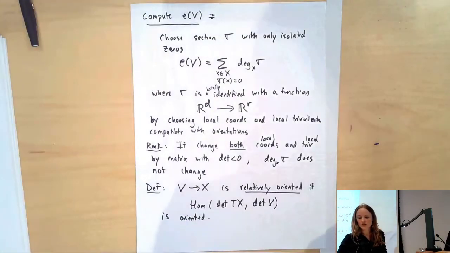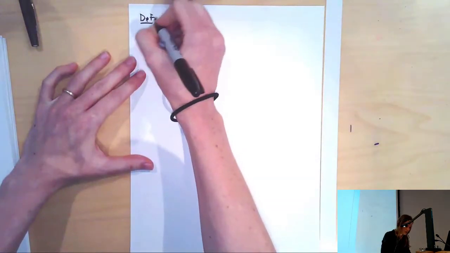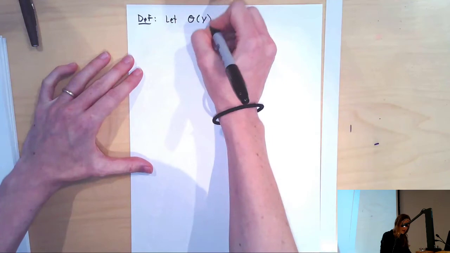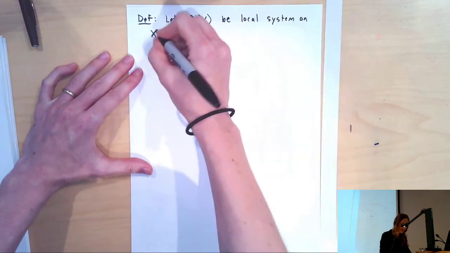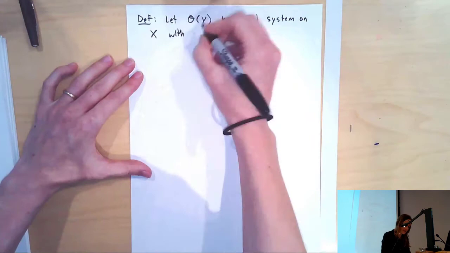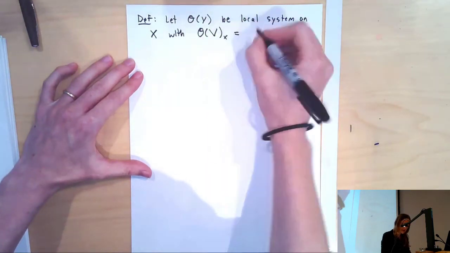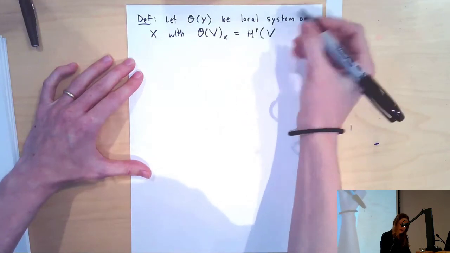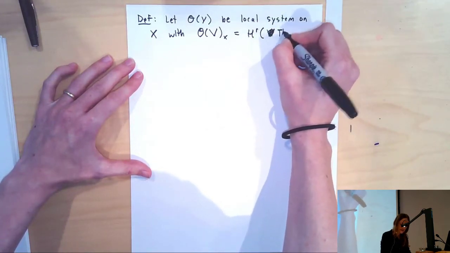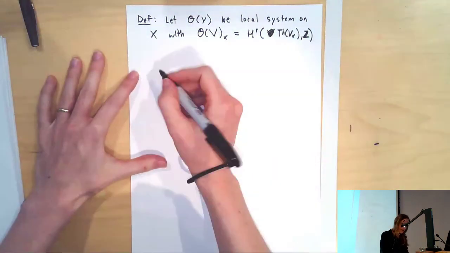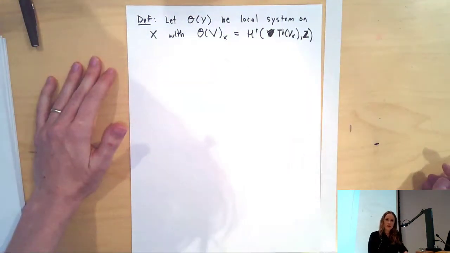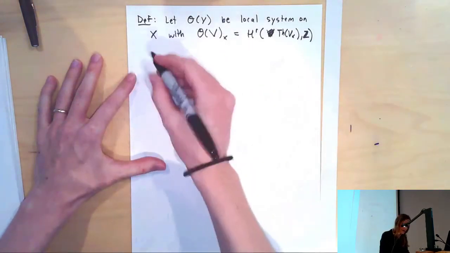So V has an orientation sheaf. Let O of V be the local system on X with fiber at a point x equal to the cohomology of the Thom space of V_x with Z coefficients, and you can run the previous discussion of having a Thom class using a Thom isomorphism.